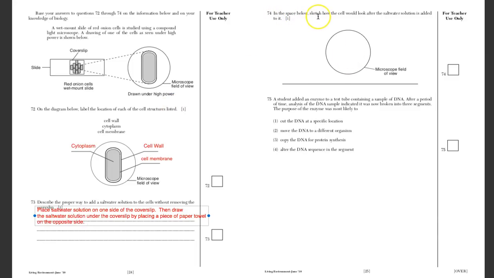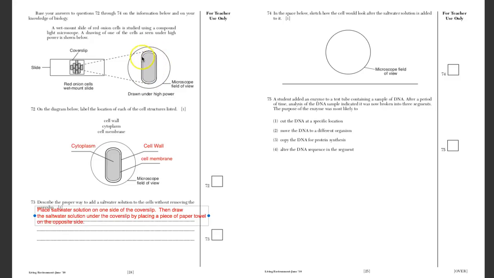In the space below, sketch how the cell would look after the saltwater solution is added to it. So all you have to do is draw this over here, but you see the shaded area? The outermost layer of the shaded area, again, is the cell membrane, and the cytoplasm is the jelly-like substance in between.